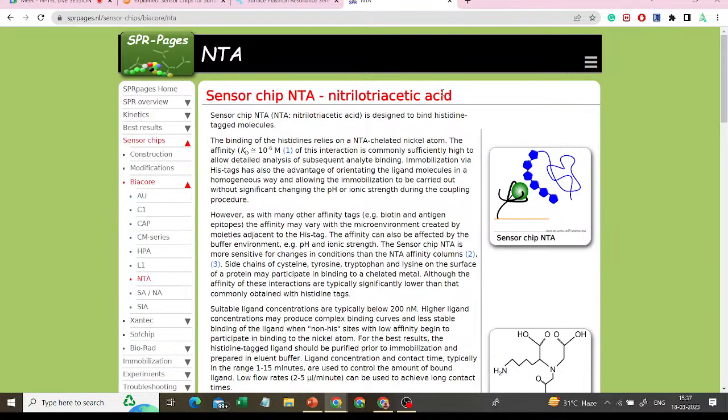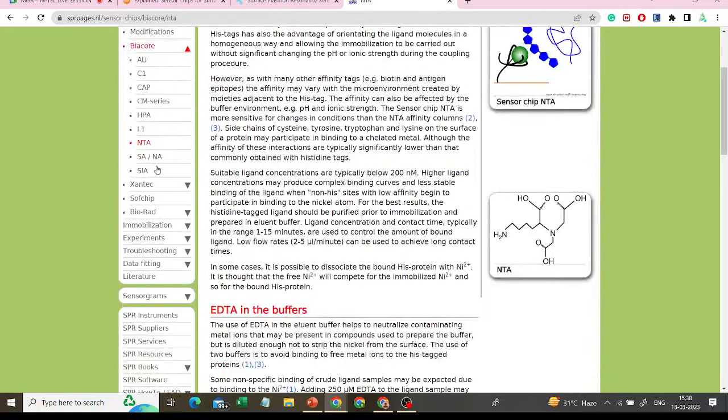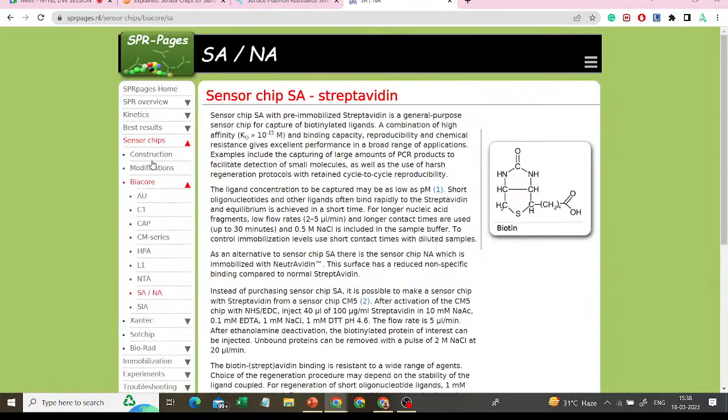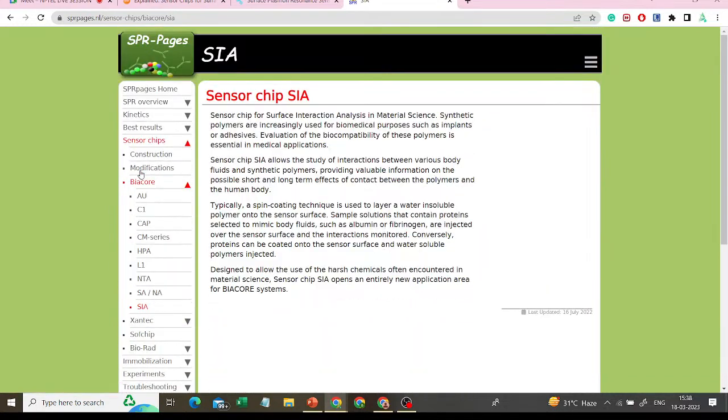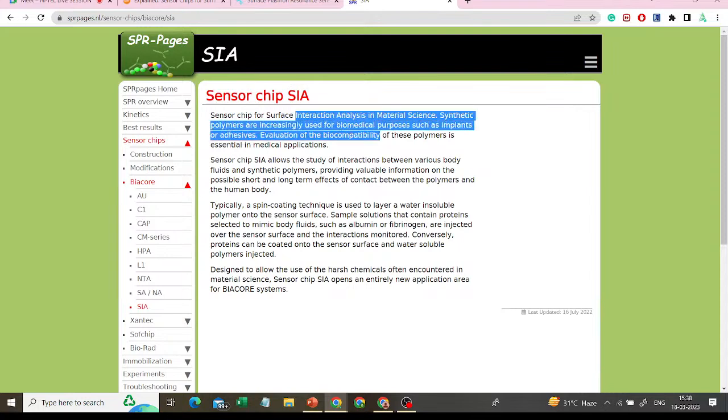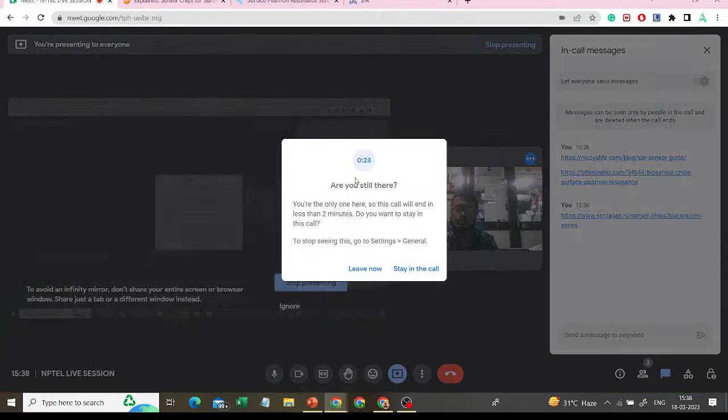Then for nitrilotriacetic acid. So these are the different chips and sensor surfaces we were discussing, which are used with different surface chemistries to immobilize different ligands and analytes.